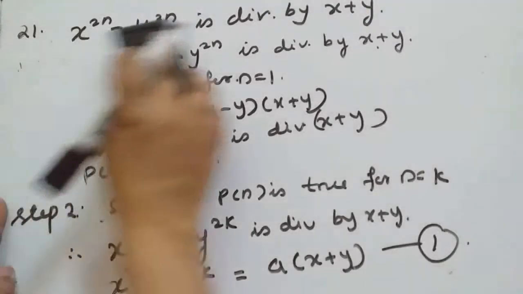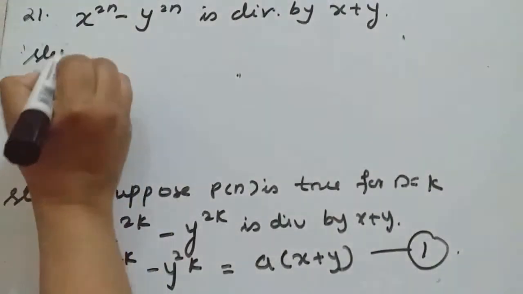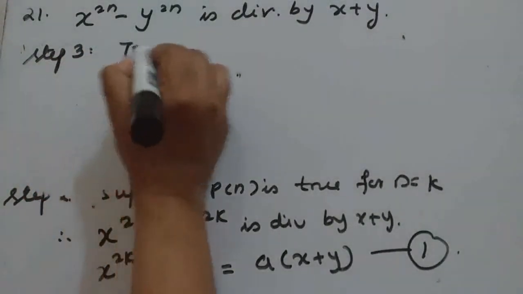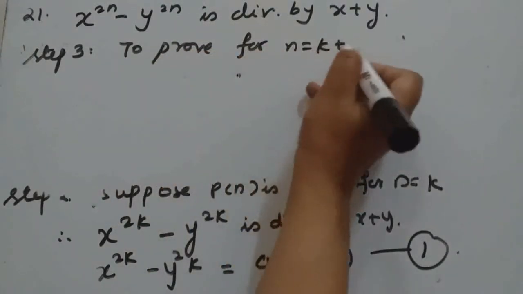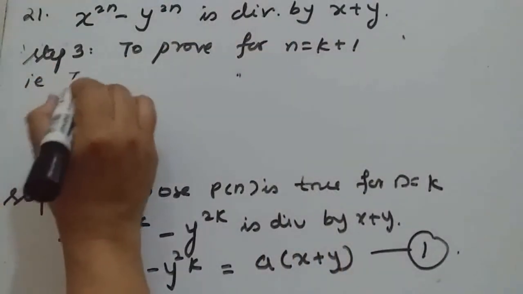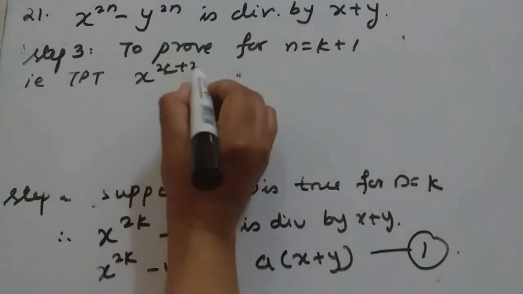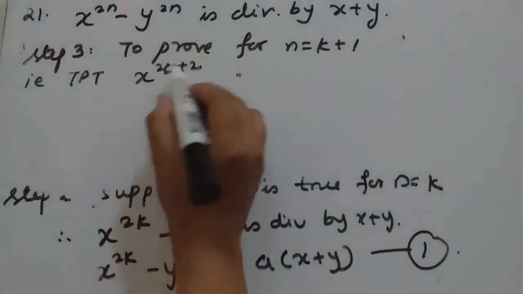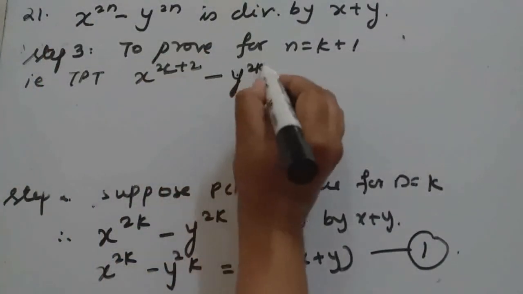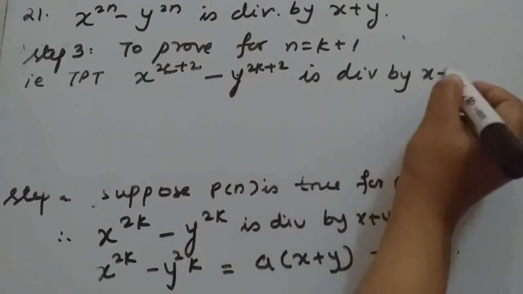Now step 3 is to prove for n equal to k plus 1. That is to prove, since n is k plus 1 and 2 is already outside the bracket, that x power 2k plus 2 minus y power 2k plus 2 is divisible by x plus y.